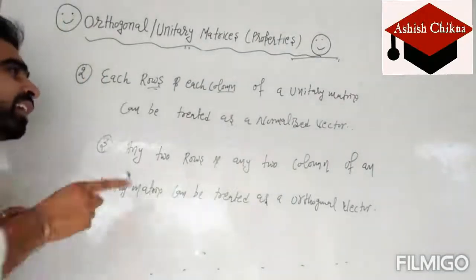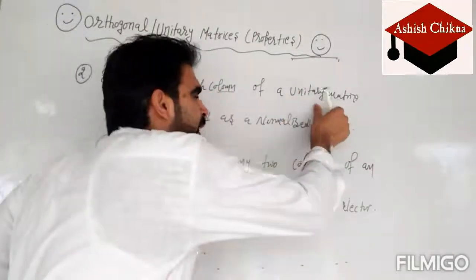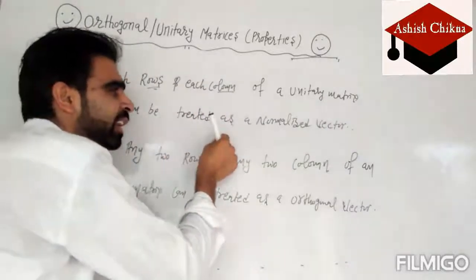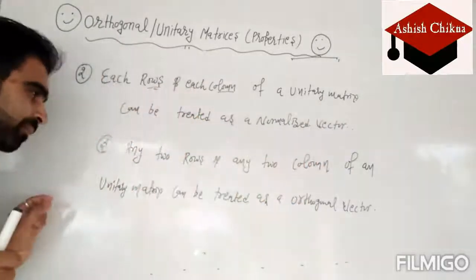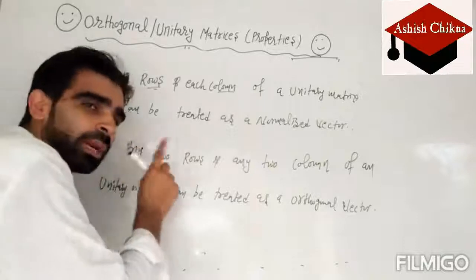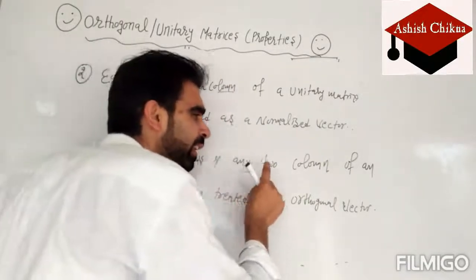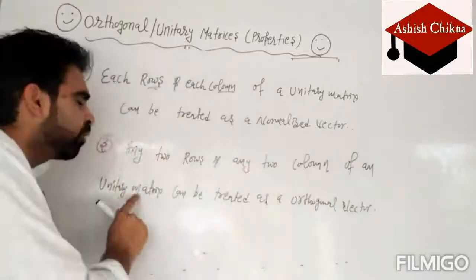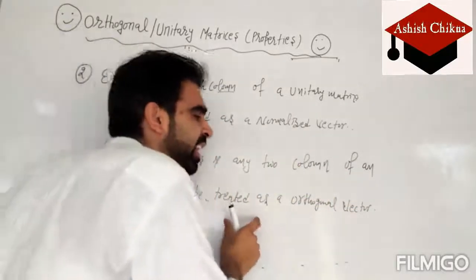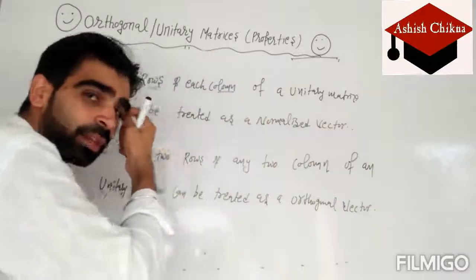Each row and each column can be treated as a normalized vector, and any two rows or any two columns of a unitary matrix can be treated as orthogonal vectors.